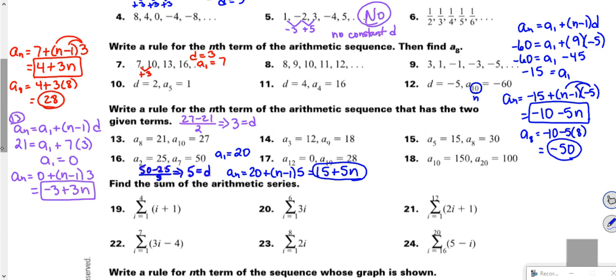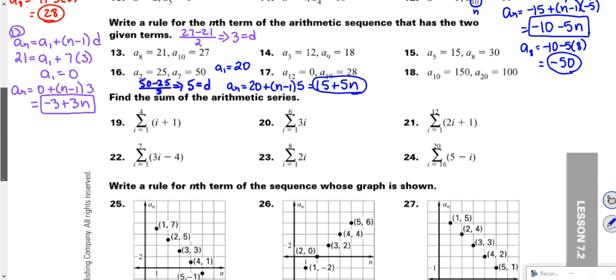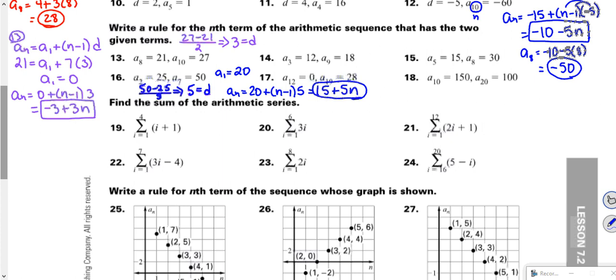Number 19, let's look at it. Find the sum of the arithmetic series. Again, we are looking at that formula towards the bottom of our vocab box on our study guide. So this goes from 1 to 4. In my formula, I'm looking for the sum of 4 terms.